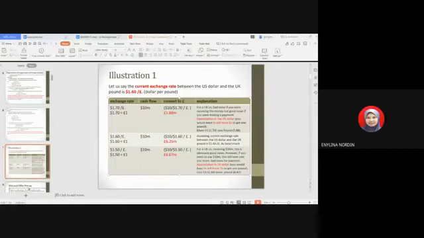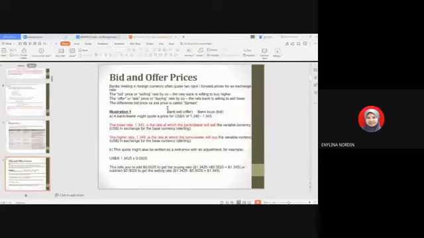The next part that you need to know in this topic is about bid and offer prices. This is basically dealing with banks, when we exchange currency from home currency to foreign currency, or from foreign currency to home currency.